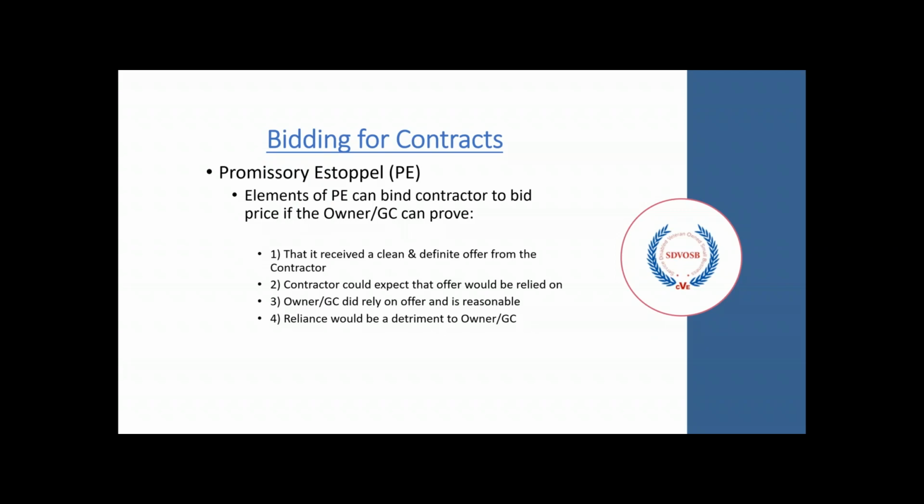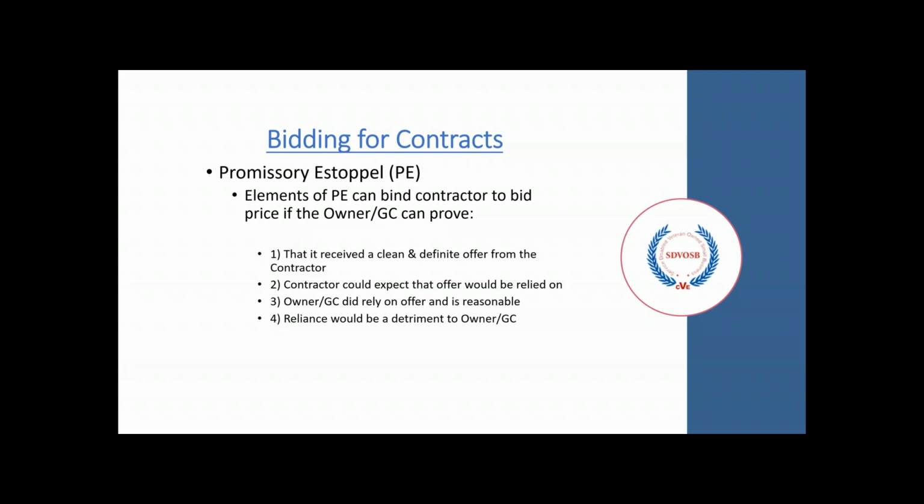A promissory estoppel is used to protect the owner and the bidder. A promissory estoppel is a legal note that is legally enforcing a promise. Elements of a promissory estoppel can bind the contractor to bid price if the owner and GC can prove that, one, it received a clear and definite offer from the contractor.